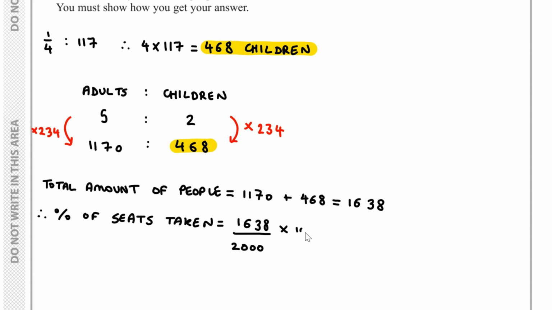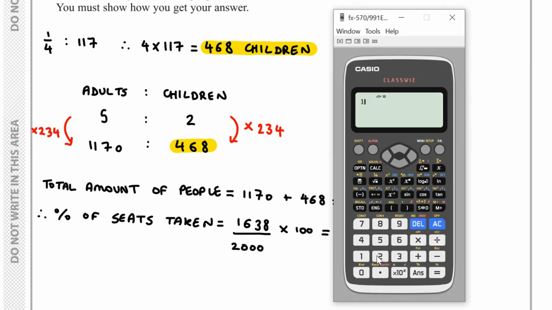And then obviously we need to multiply by 100. So if we work this out, we have 1638 over, rather here we've got 2600, and then multiply this by 100. So it turns out we get 63%.